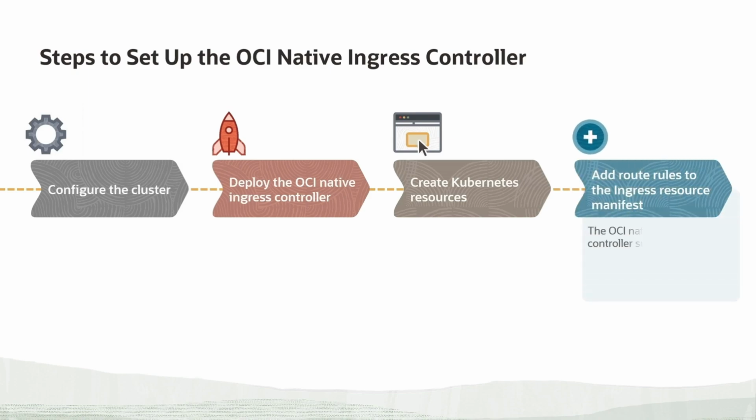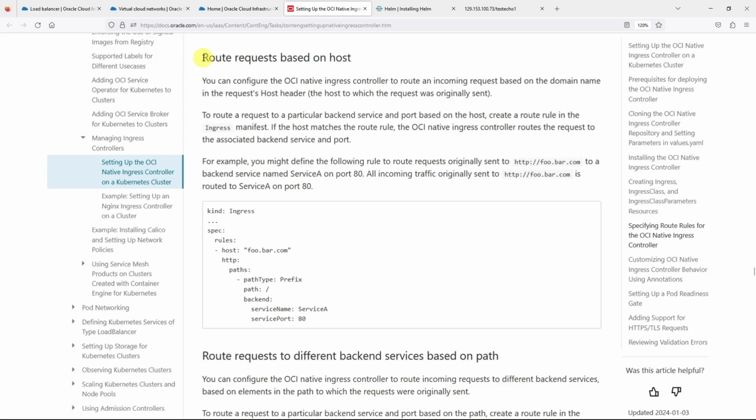And like I mentioned, you can add route rules to the ingress resource manifest. Here, the OCI native ingress controller supports host-based routing, path-based routing, both host and path-based routing, as well as default backend routing. When I say host-based routing, you can route requests based on host. You can add a host field under the rules field.